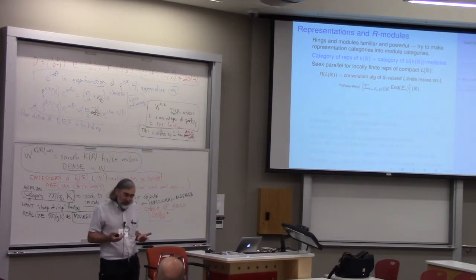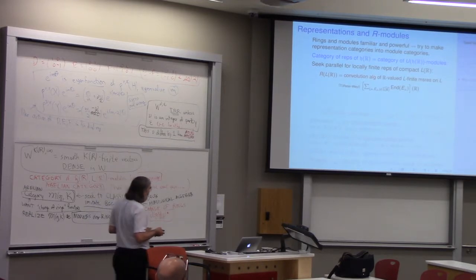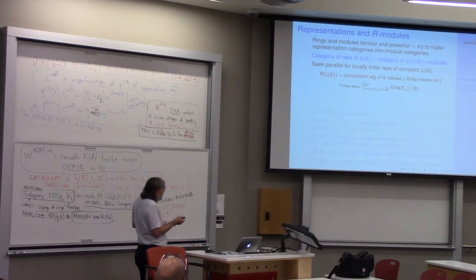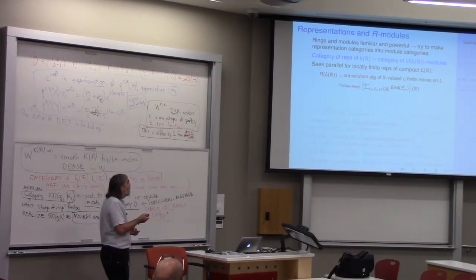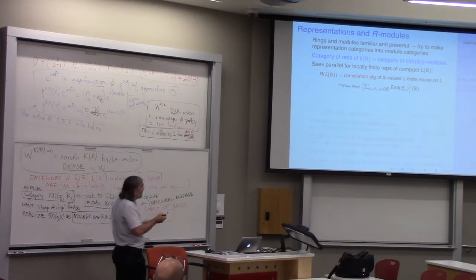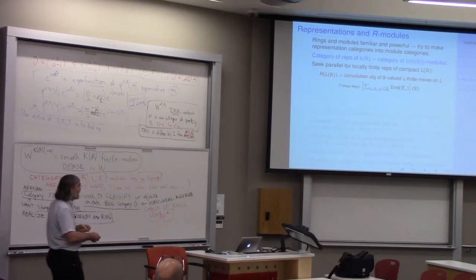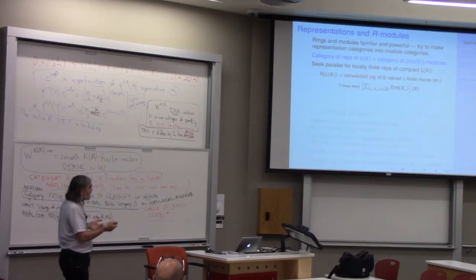Compactly supported distributions on a group are an algebra under convolution, and so these measures on L of R make a convolution algebra, and the Peter-Weyl theorem says that algebra is isomorphic to the direct sum over irreducible representations of the group of the endomorphism algebra of the representation. So it's a direct sum of matrix algebras.